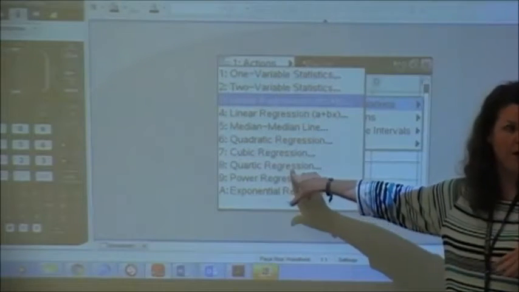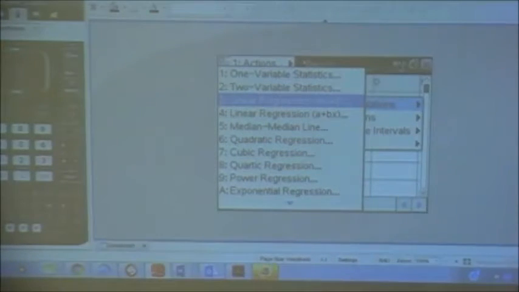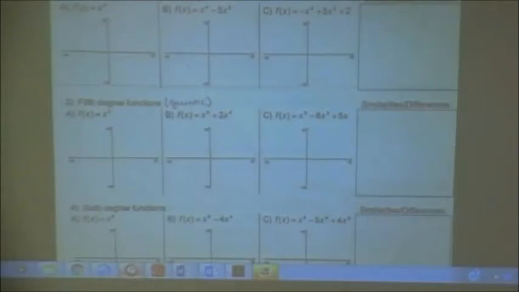It doesn't do quintic functions. I'm not sure why. After quintic, we just start calling them 6th degree and 7th degree and 8th degree. They don't have special names after that. But they're always positive whole numbers.